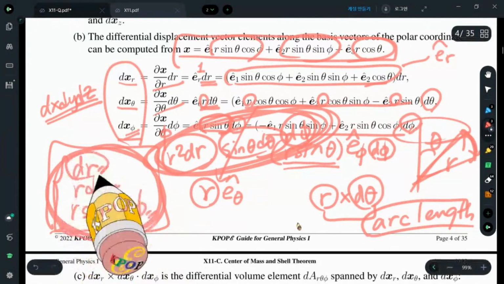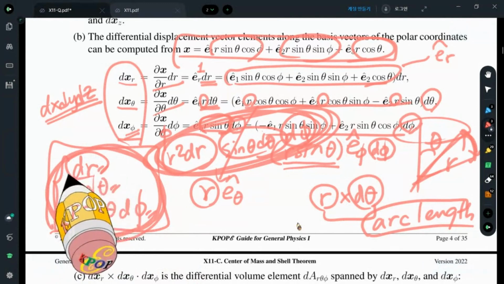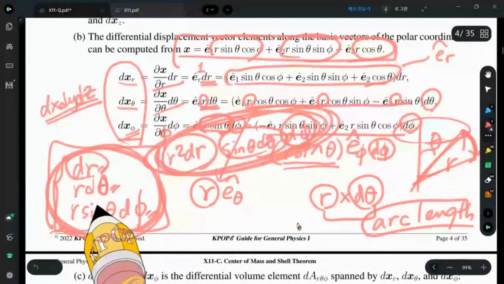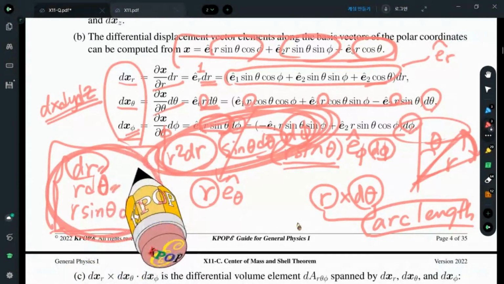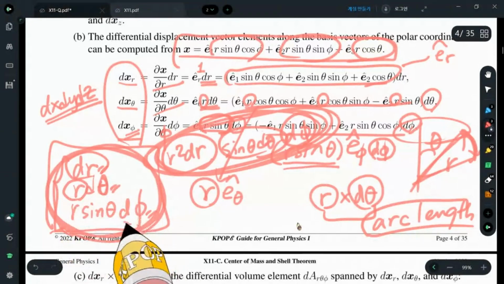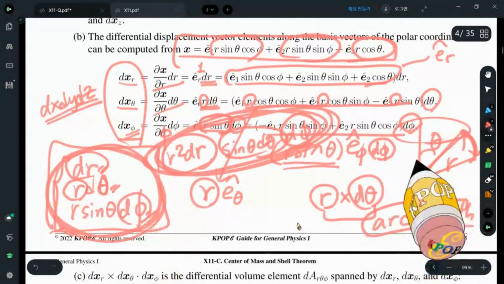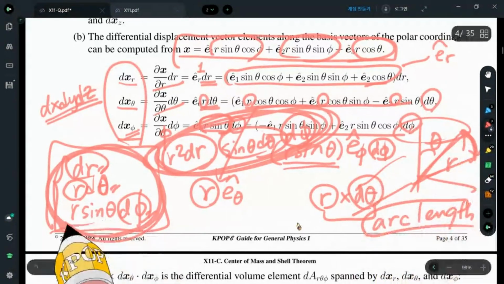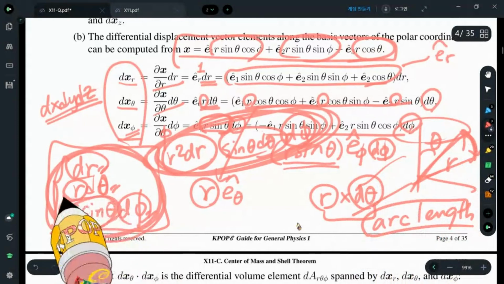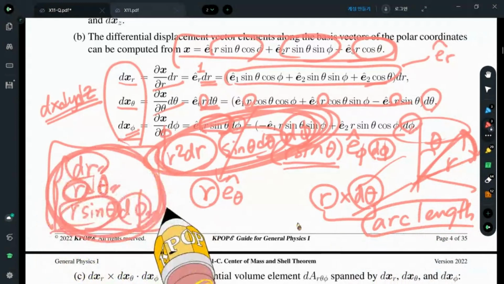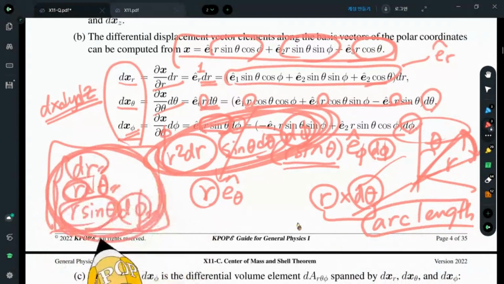Please remember, r is a variable of length, so there is no scaling factor. Theta is an angle, so to produce the volume, the length, I need a radius. And d phi is an angle on the xy plane, and its radius is r sine theta. So this is the radius to make a volume in the three-dimensional space using polar coordinates. I need to multiply these scaling factors.